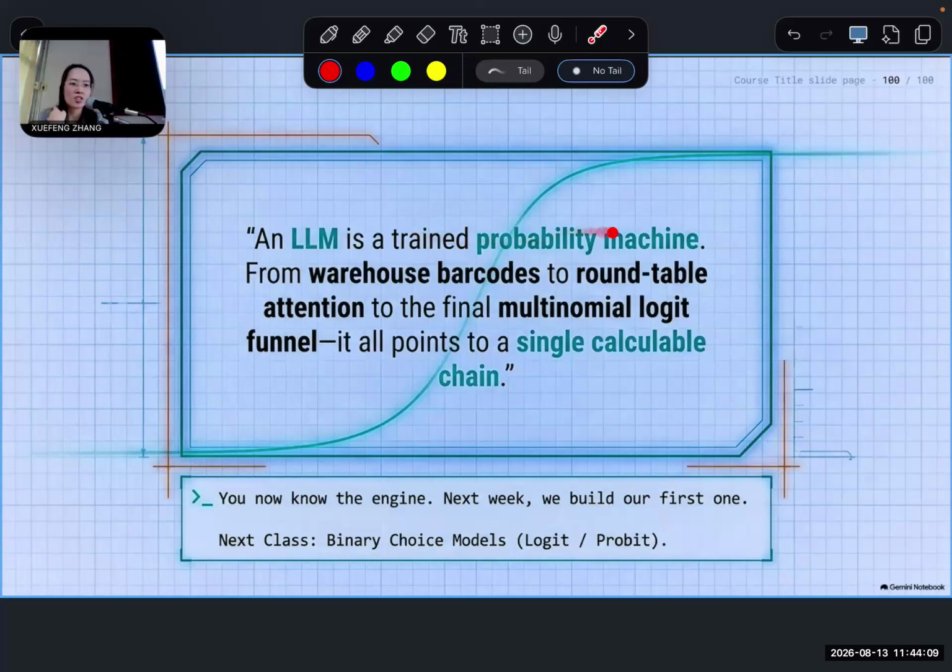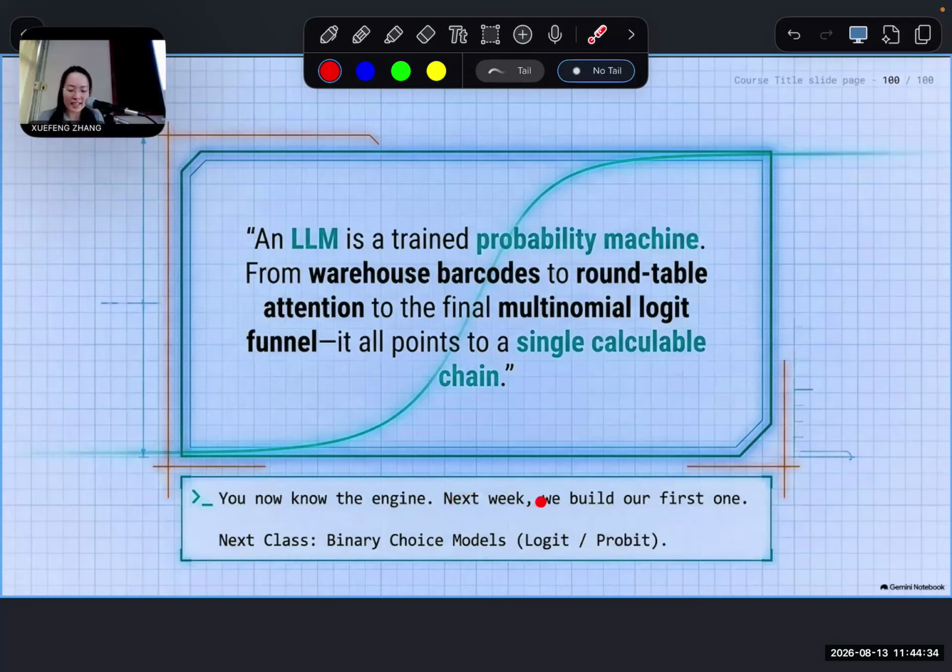You may search. So an LLM is a trained probability machine. From the warehouse barcode to round table attention, and then to the final multinomial logit funnel, it all points to a single calculable chain, right? So you know the engine.